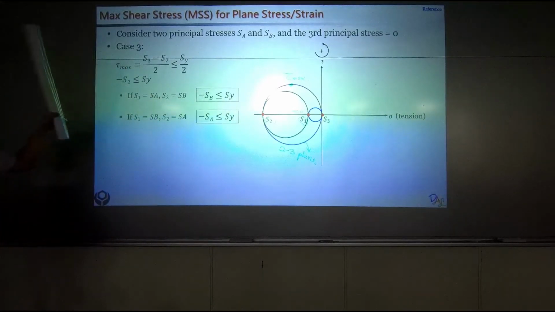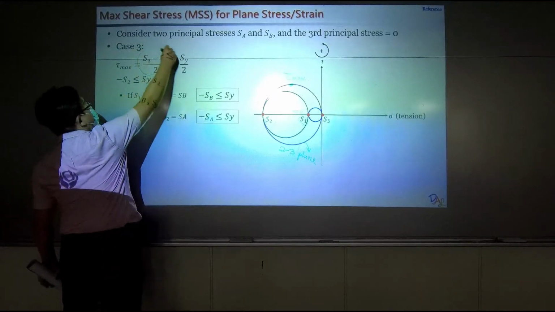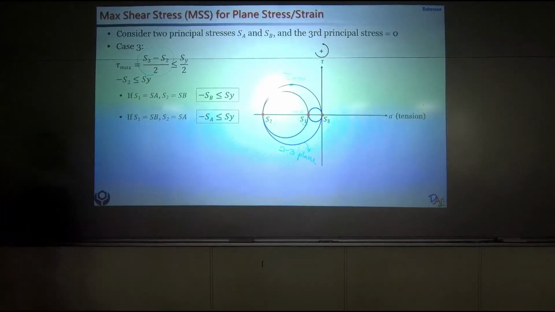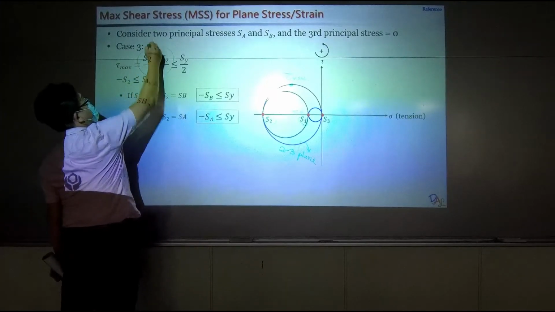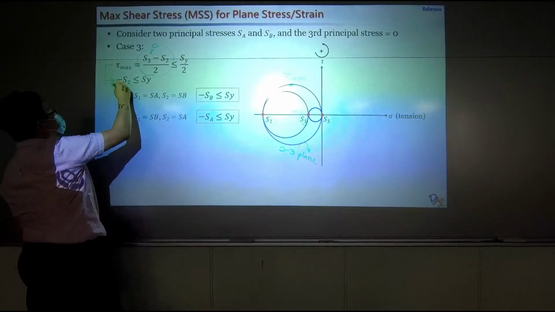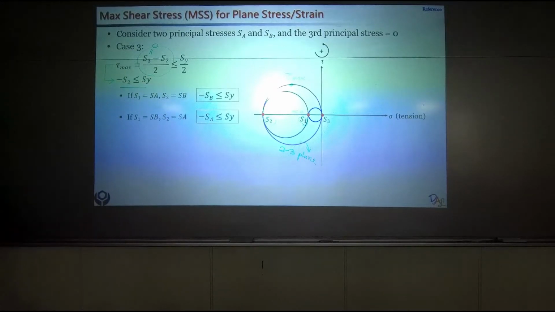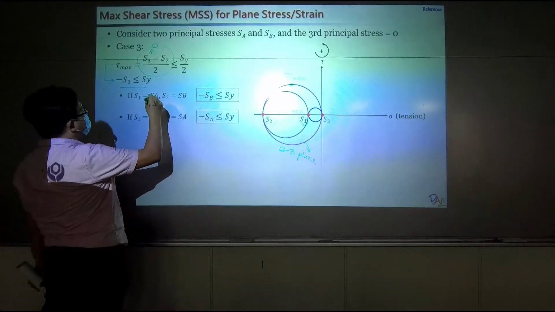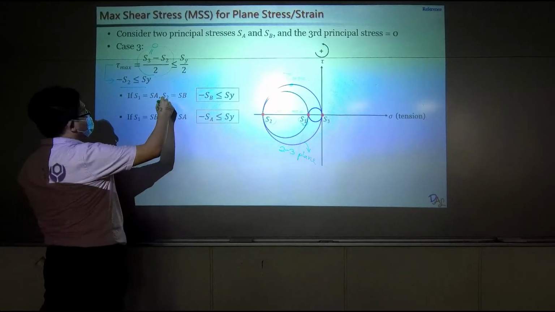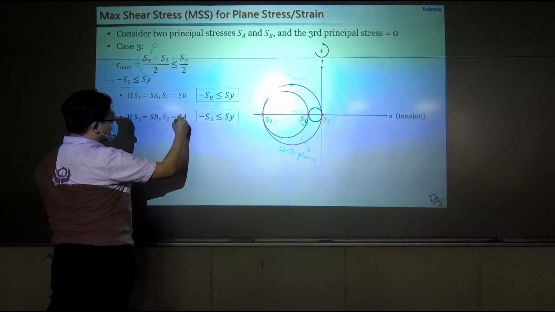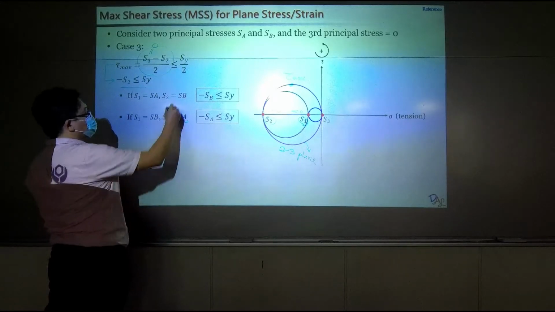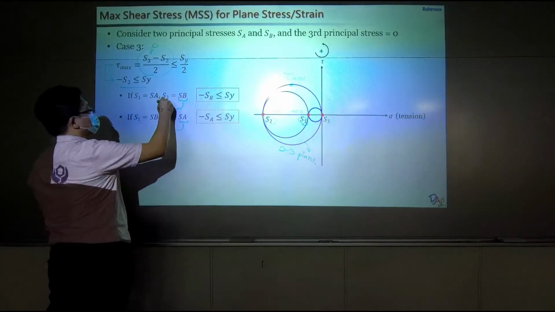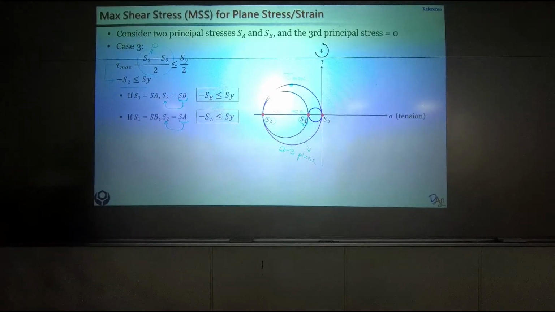And the maximum shear stress should be calculated by this. And because S3 is 0, we reduce the equation to this. Negative S2 must be smaller than or equal to S1. And similarly, SA could be your S2. Or the other case, SB could be your S2. So again, we are trying to discuss all situations.